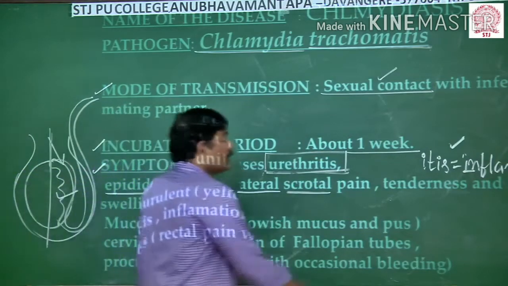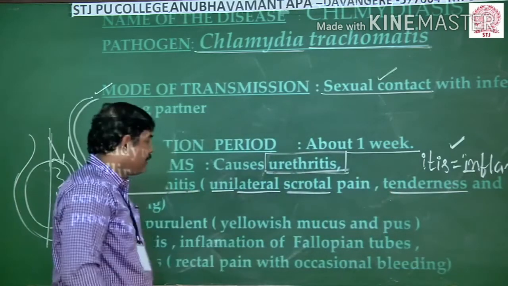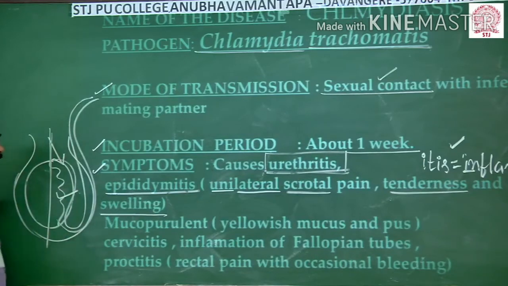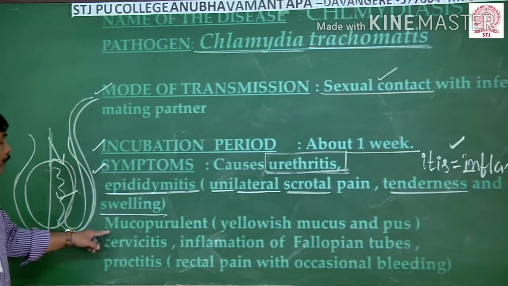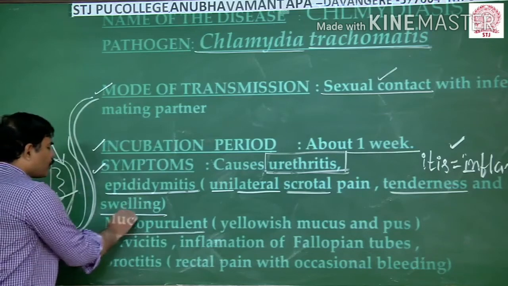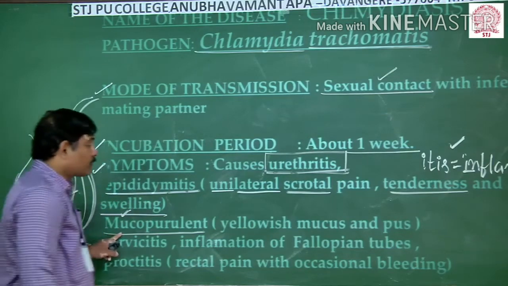Thereafter, tenderness, feeling sensitivity towards the pain. Thereafter, swelling can also be seen. So this is one more thing. Thereafter, mucopurulent. You know, muco includes the mucus and it consists of even the pus also.